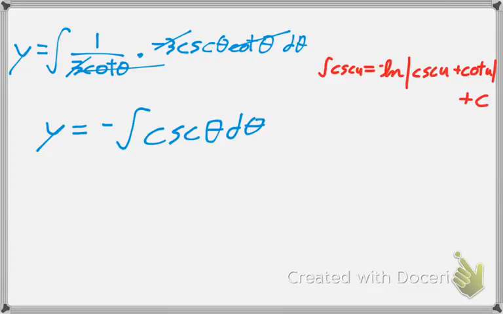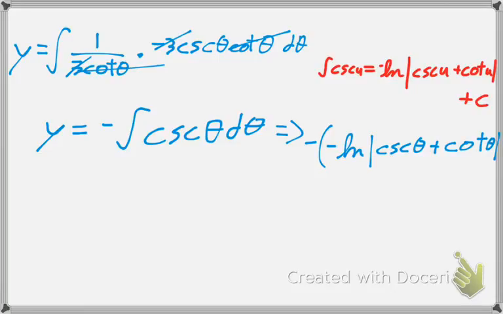So using this, let's plug it in. We'll have negative of negative natural log of the absolute value of cosecant theta plus cotangent theta, plus c.